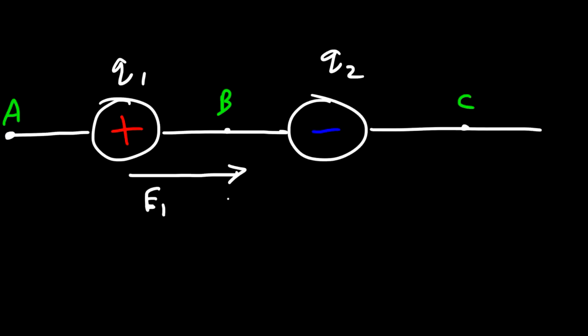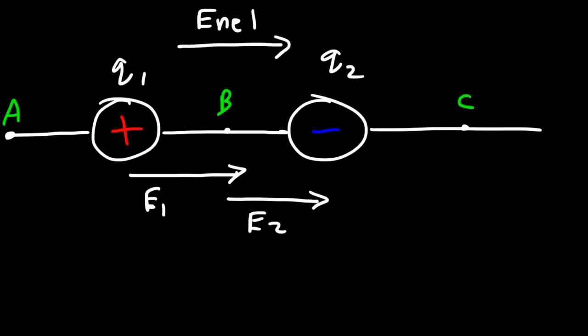So E2 will be a vector starting from point B, drawn to the negative charge. So it will be in this direction. So at point B, the net electric field will be directed east because it's the sum of these two vectors.